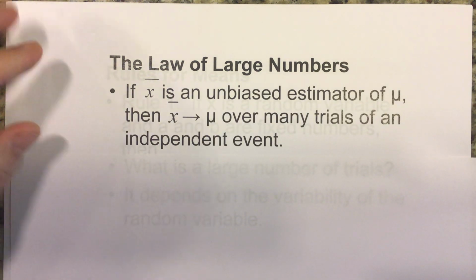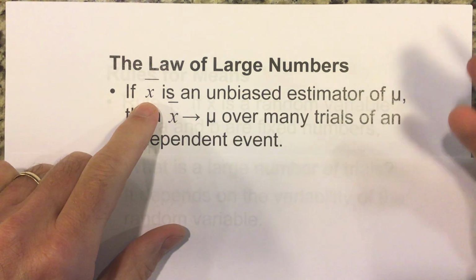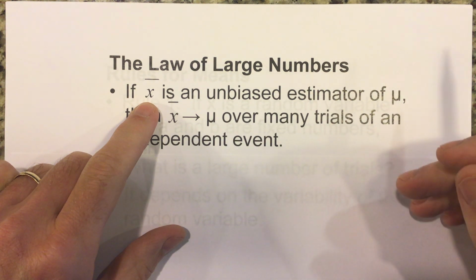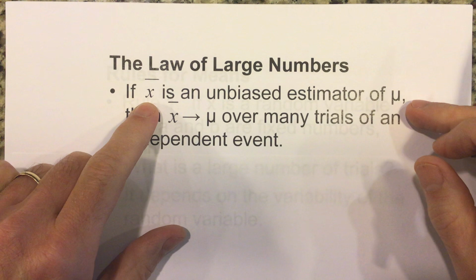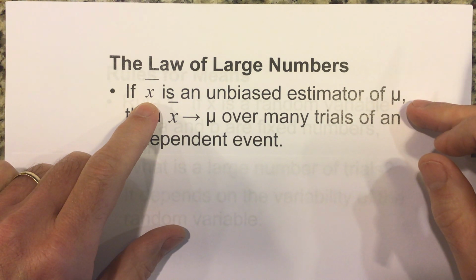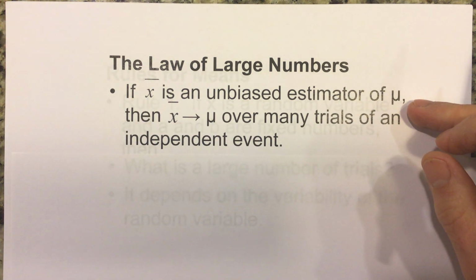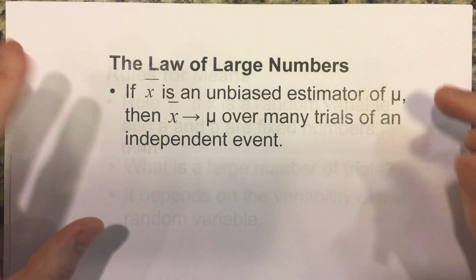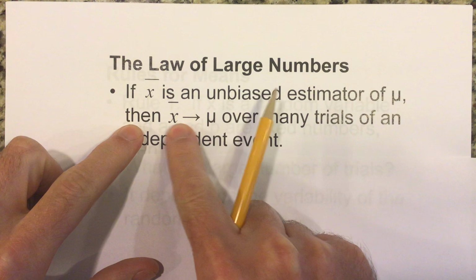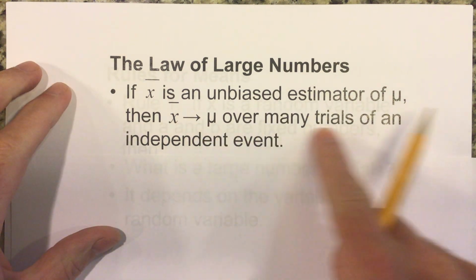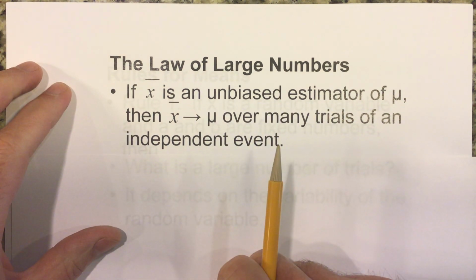The law of large numbers says if the mean of x, or x bar, is an unbiased estimator of mu, right? So we're using correct techniques, so we have no bias in our data collection, then x bar will approach mu over many trials of an independent event.